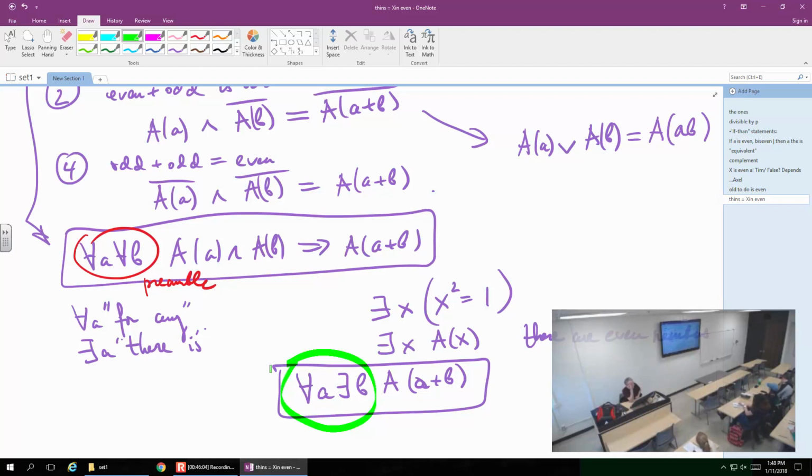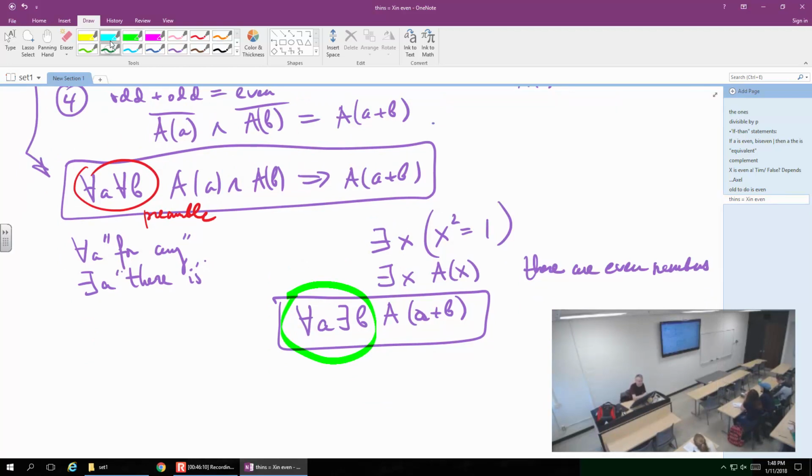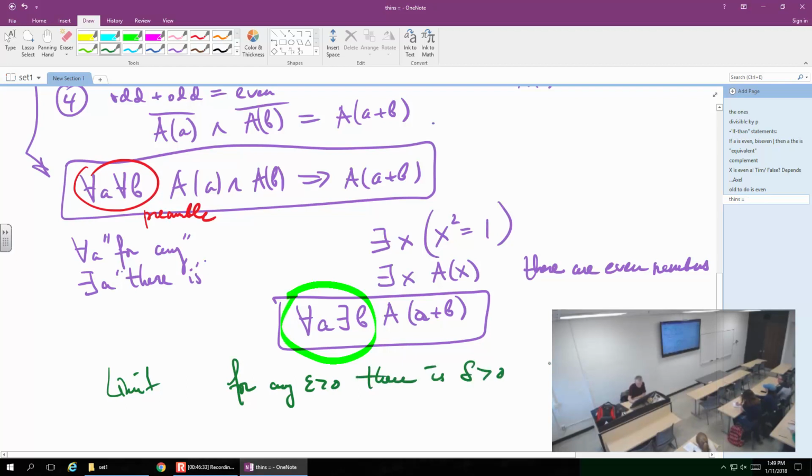For any A, there is a B. I'm trying to remind you of a particular definition from Calculus 1, the limit definition, which starts with, for any epsilon greater than 0, there is a delta greater than 0, such that, and then is followed by the statement, in fact an implication: x minus a less than delta implies that f of x minus L is less than epsilon.